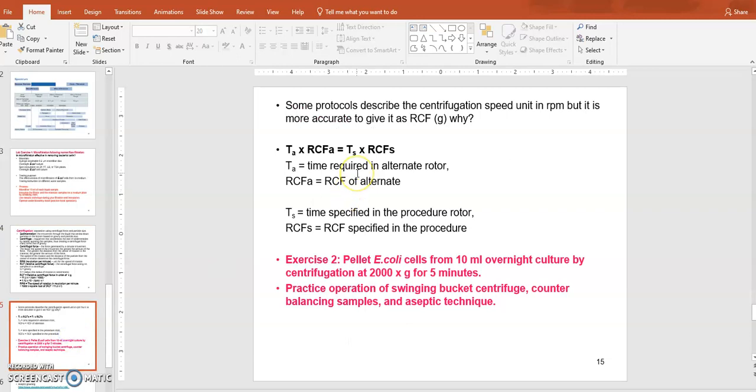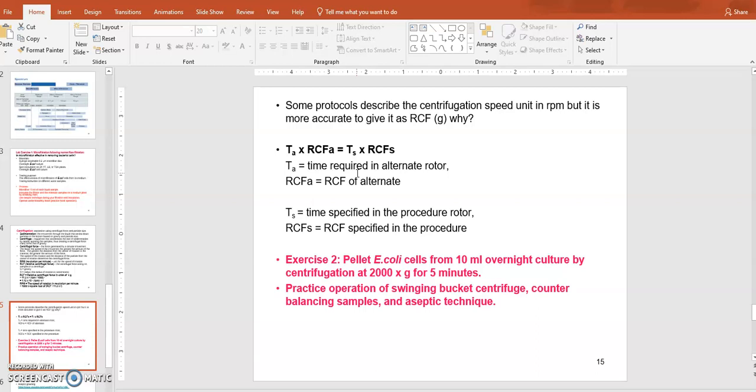So RCF will be a more accurate description of your centrifugal condition than RPM. Let's say you're spinning at 5000 RPM using a rotor that has maybe a 5 centimeter radius. That's different than 5000 RPM in another centrifuge that has maybe a 10 centimeter radius rotor design.